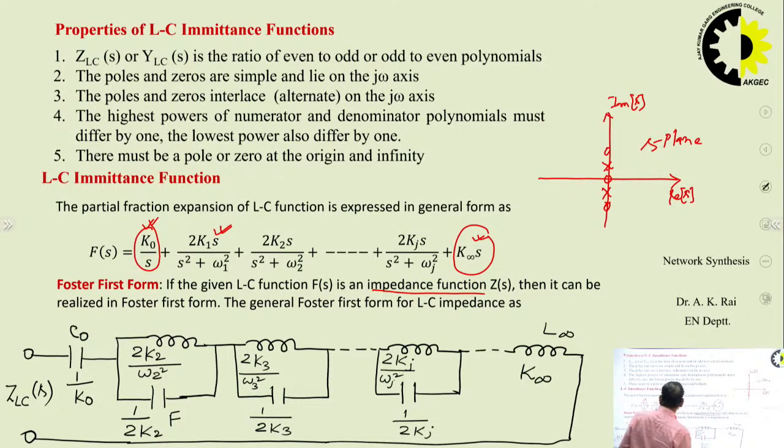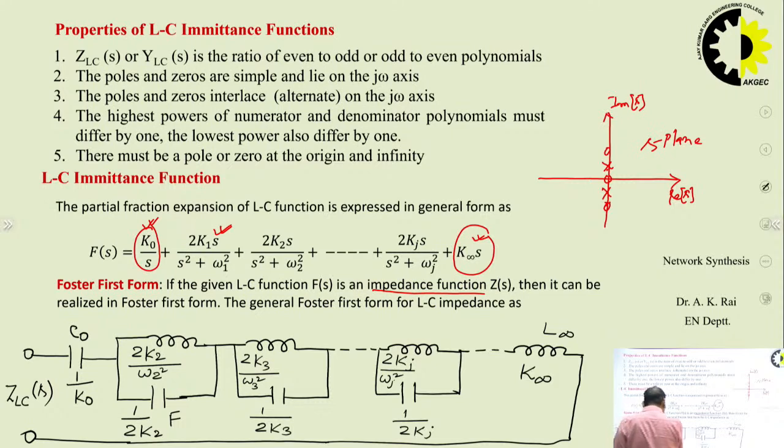Now these parallel LC tanks connected in series depend upon how many conjugate imaginary poles are there in your partial fraction expansion. If there are 3, then we have 3 LC tanks. If there are 2, then we have 2 LC tanks. If there is 1, then we will have 1 LC tank.